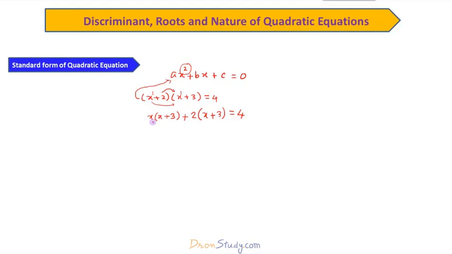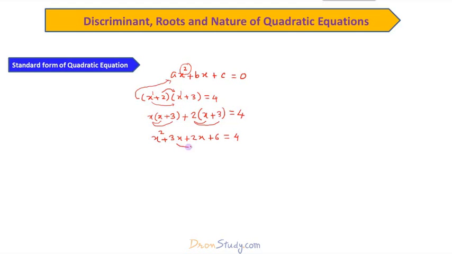Now multiply inside the bracket. So x into x will be x square, plus x into 3 will be 3x, plus 2 into x and 2 into 3, that will be 2x plus 6, which is equal to 4.